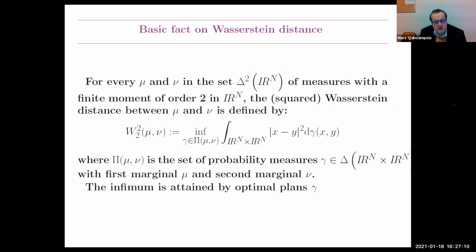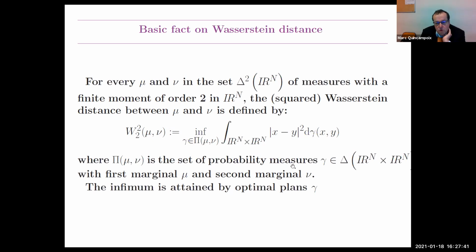So the Wasserstein distance W2 between mu and nu is the square root of the infimum of this integral. You integrate the square of the Euclidean norm of x minus y against gamma of x, y, the infimum taken over the set P mu nu.